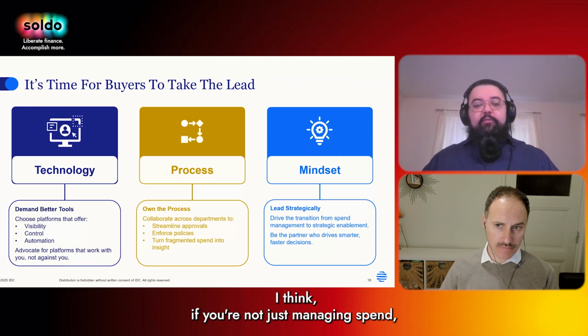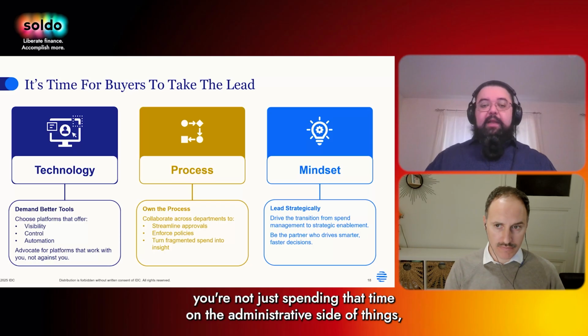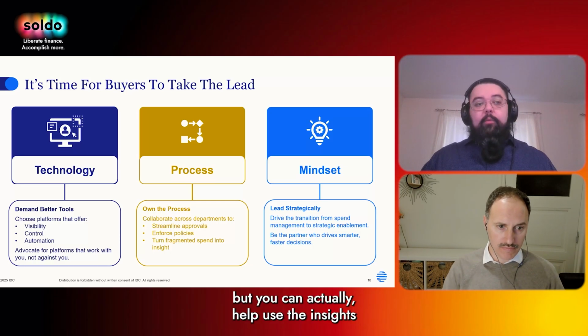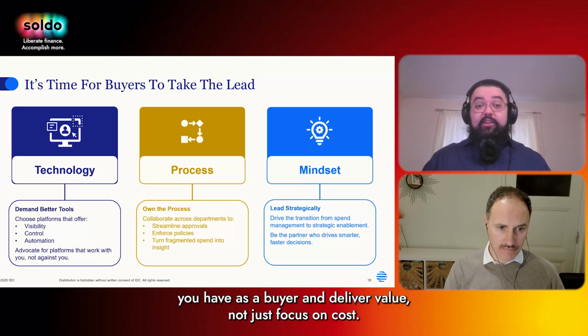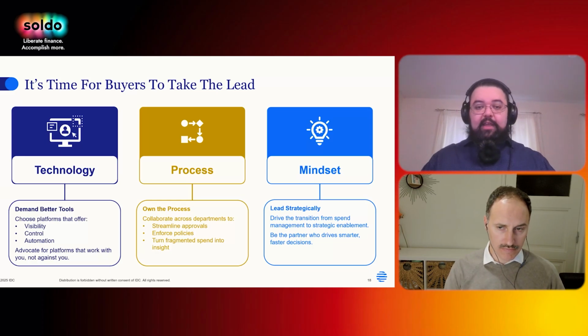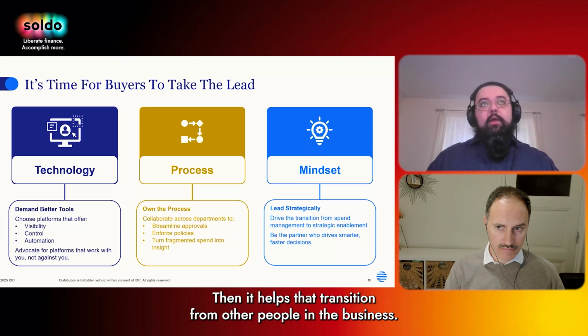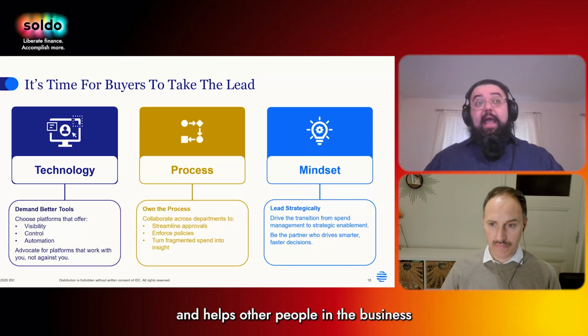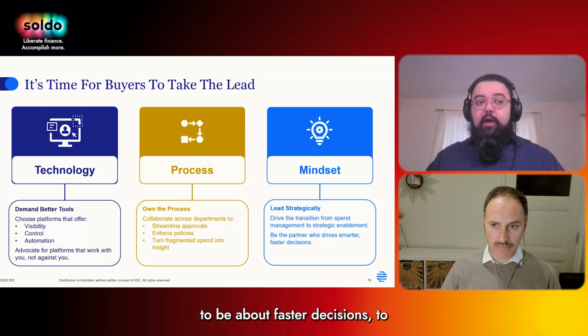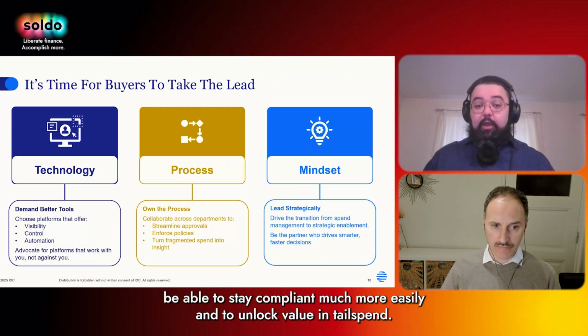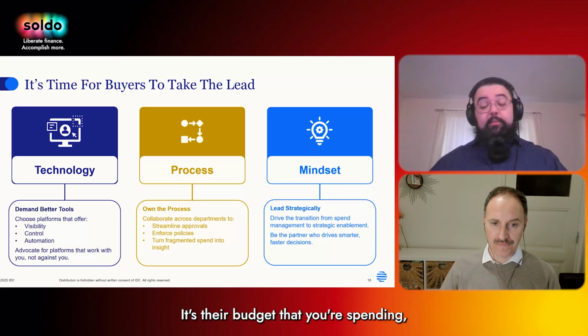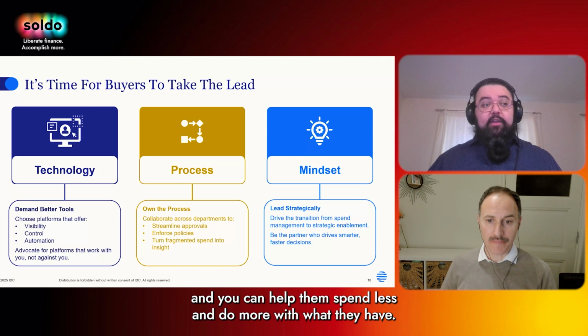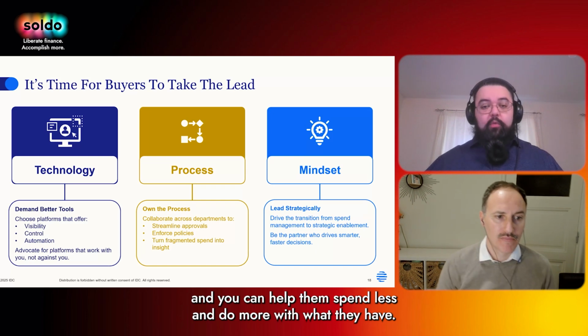If you're not just managing spend, not just spending your time on the administrative side of things, but you can use the insights you have as a buyer to deliver value, not just focus on cost, then it helps the transition from other people in the business seeing you as a bottleneck to seeing you as a facilitator. It helps other people in the business make faster decisions, stay compliant much more easily, and unlock value in tail spend. Because at the end of the day, it's their budget that you're spending, and you can help them spend less and do more with what they have.